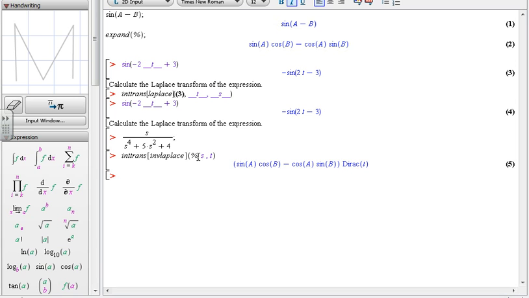Cosine A cosine B minus cosine A sine B, the g of t. Anybody know what the g of t is? Now we have to go find, oh, expand. Thank you very much, Mabel.